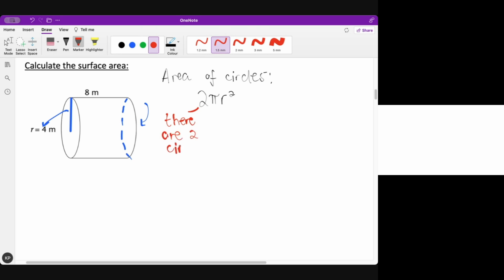There's one at the top and one at the bottom, right? And the second part is just the formula for the area of a circle. Now I can do this because the circle at the top is exactly the same as the one at the bottom. Do you see what I mean, guys?